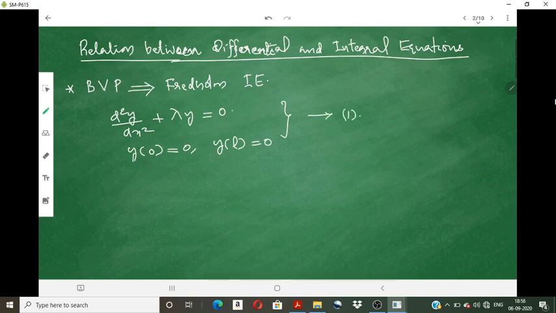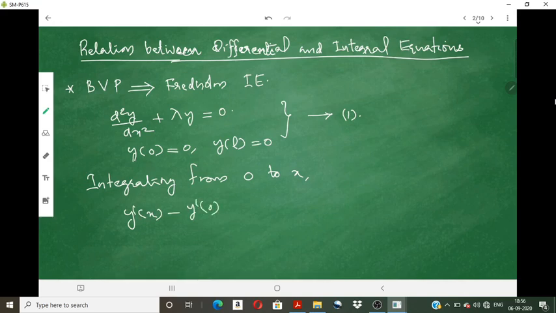Okay, so integrating from 0 to x. First we will integrate this equation 1 from 0 to x. We have d square y by dx square, the second derivative. When we integrate we will get y dash of x minus y dash of 0 plus lambda into integral 0 to x y of x1 dx1, where we have changed the variable x to a dummy variable x1, and on the right side it is 0.